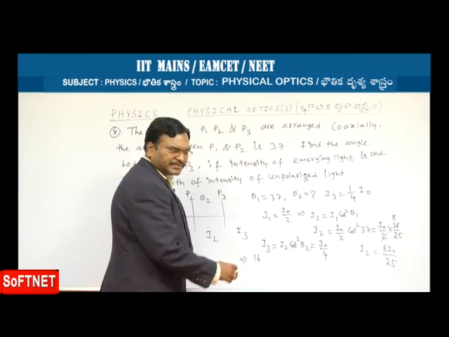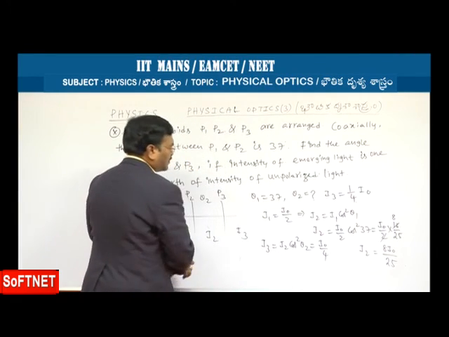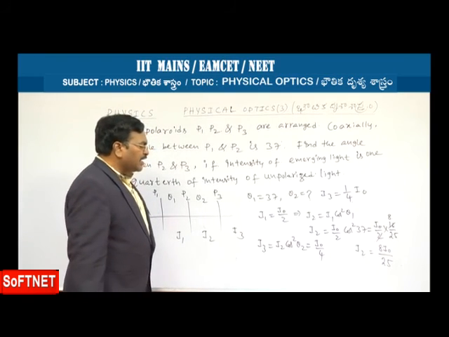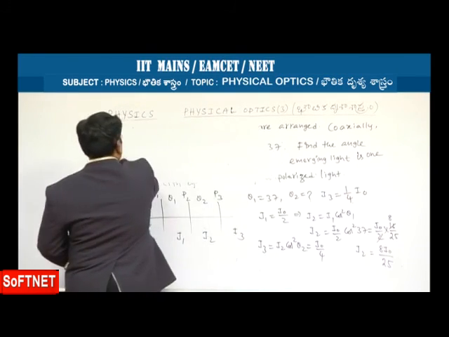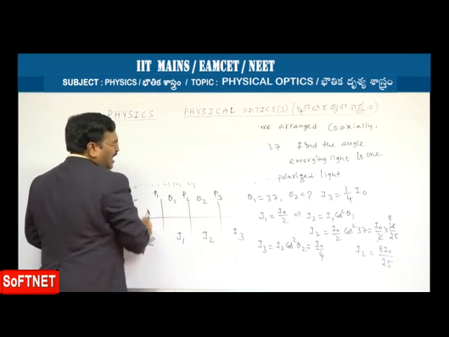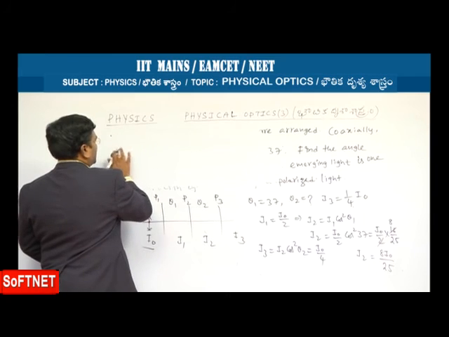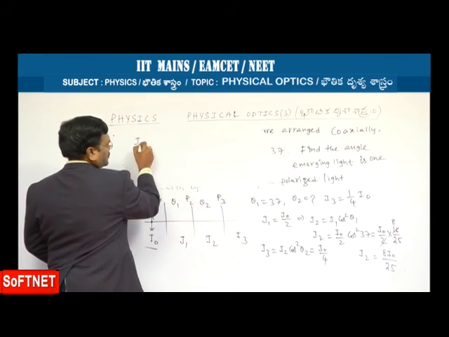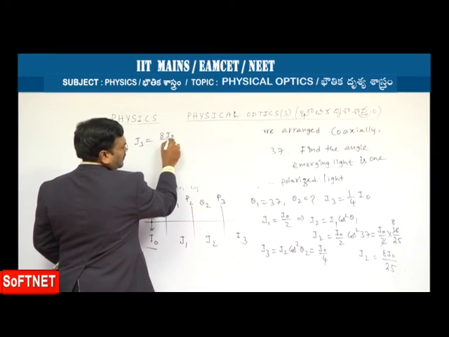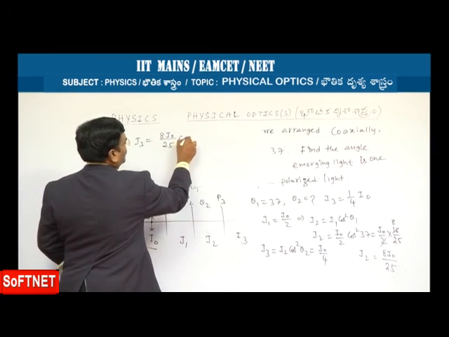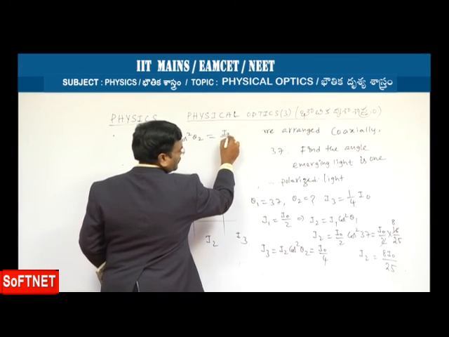Now we know I2. I3 is I2 cos square θ2. So I3 is equal to 8 I0 by 25 cos square θ2, which is equal to I0 by 4.